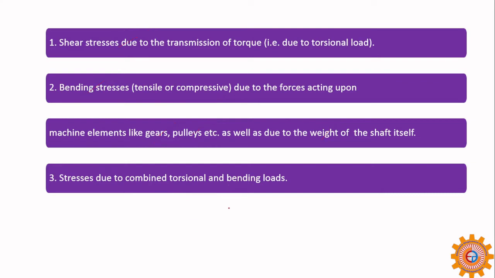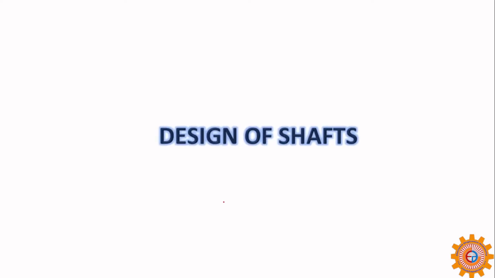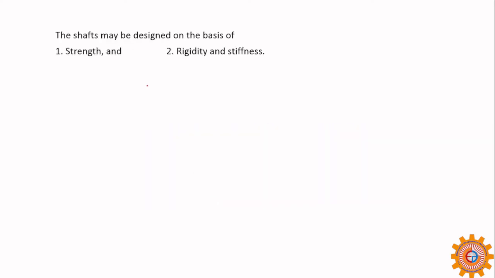Now, designing of shafts. Shafts may be designed based on strength and also rigidity or stiffness. The torsion equation is T by J equals tau by R, which equals G theta by L. If you combine T by J and tau by R, we call it the strength basis.